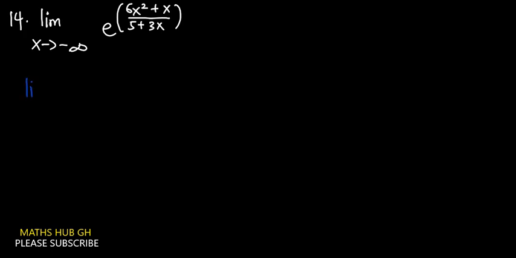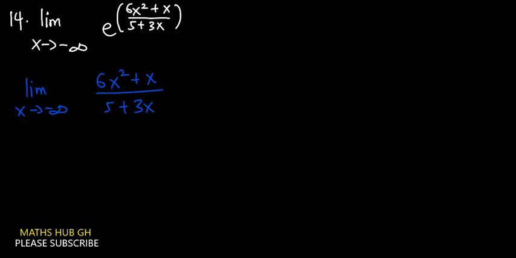So you are going to have the limit as x approaches minus infinity of 6x squared plus x divided by 5 plus 3x. What you do is consider the denominator and look for the highest power of x. In this case, that is just x. So you're going to factor out x from both the denominator and the numerator.